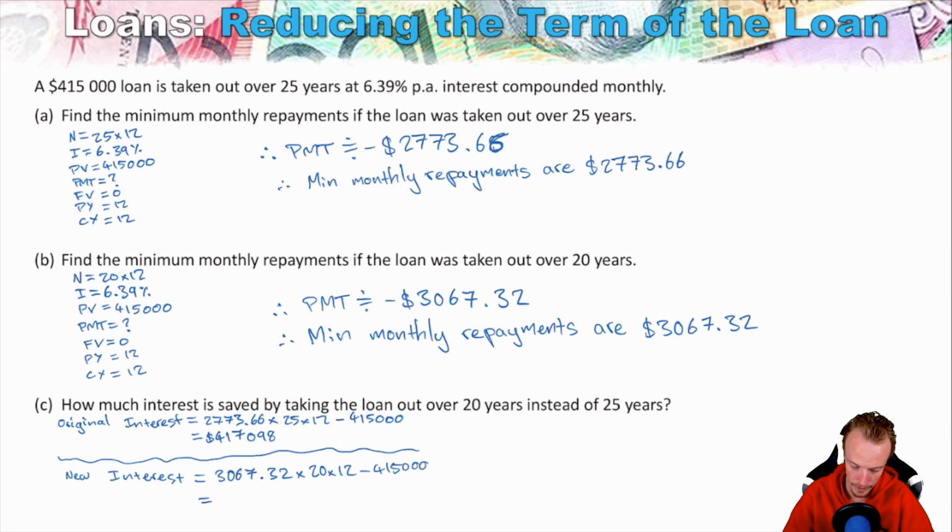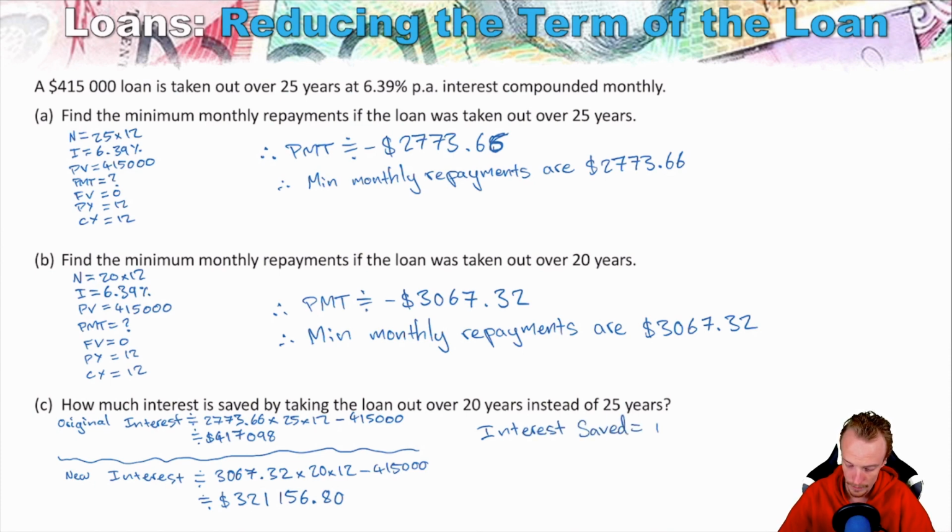These should all be approximate because I rounded my PMTs earlier. So this one ends up at $321,156.80.